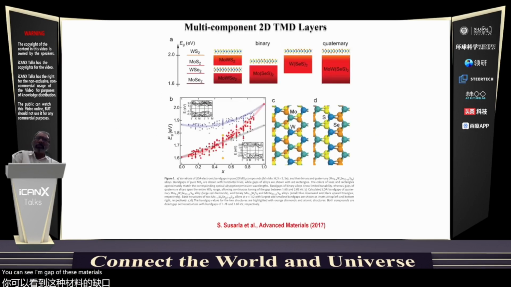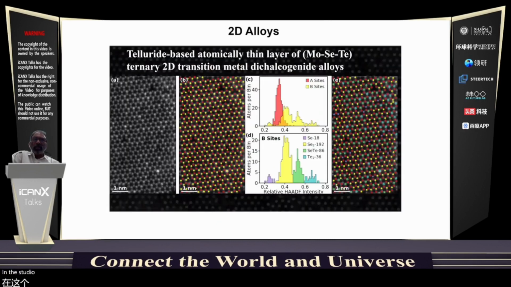But we have also done some theoretical studies that show that this band gap tuning can be enhanced as you go from the two-component system to, so you go from binary to a quaternary phase system, you can have better band gap tunability by changing the concentrations of each of these. So I think it's important for us to really understand how the phase diagram works for many of these systems if you want to have better tunability in these 2D materials.